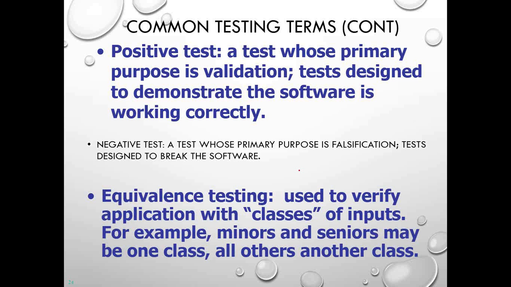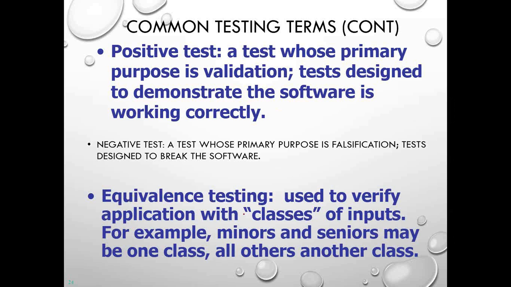That is a positive test case. On the other hand, you falsify that requirement. That means when you enter just numeric numbers and press enter, you are questioning that field, saying that yes, this field is tested for positive as well as for negative test cases. That's the difference between the positive and the negative test cases.